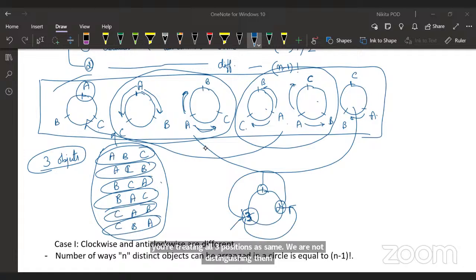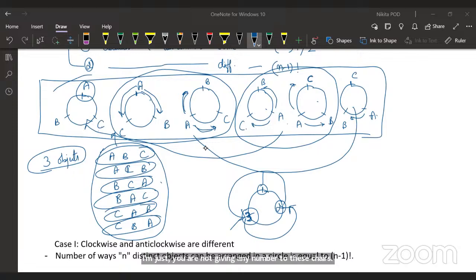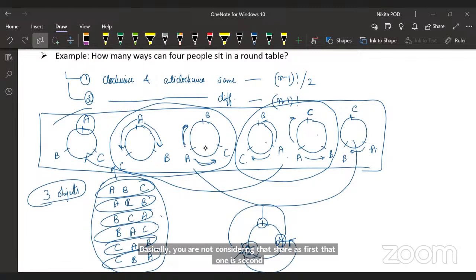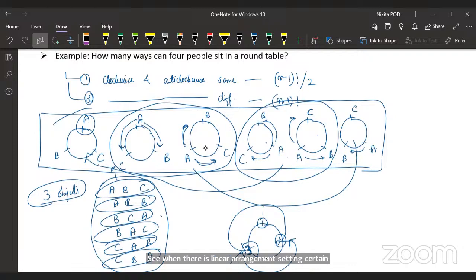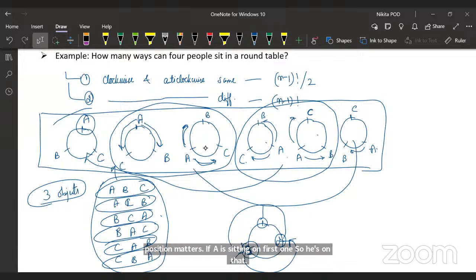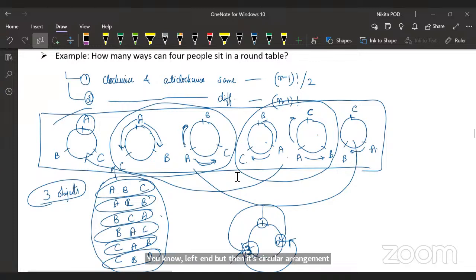He's trying to say that you are not giving any number to these chairs. Basically, you are not considering that chair as first, that one as second, that one as third. Yeah, I get that. When there is a linear arrangement, sitting position matters. If A is sitting on the first one, he is on the left end. But in a circular arrangement, seat position doesn't matter, because two people are next to each other.